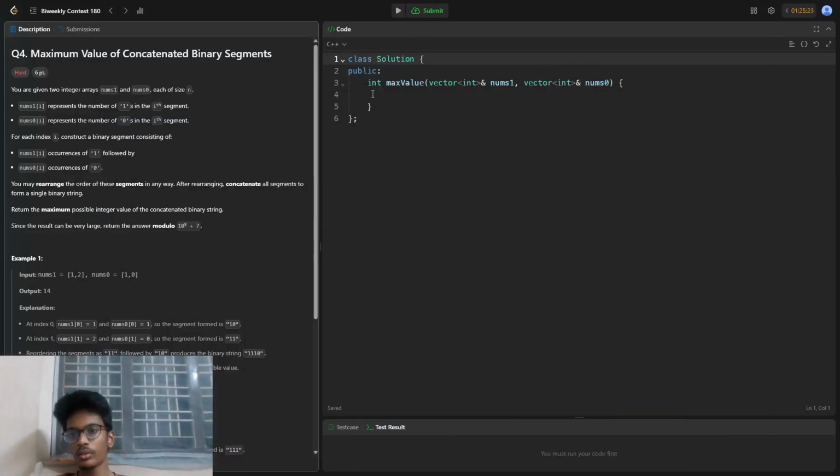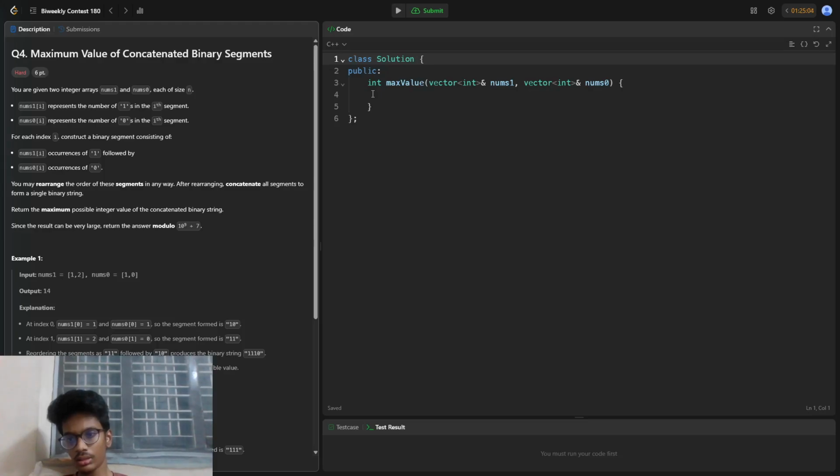You are given two integer arrays nums1 and nums0, each of size n. Nums1 of i represents the number of ones in the ith segment, and nums0 of i the number of zeros in the ith segment.